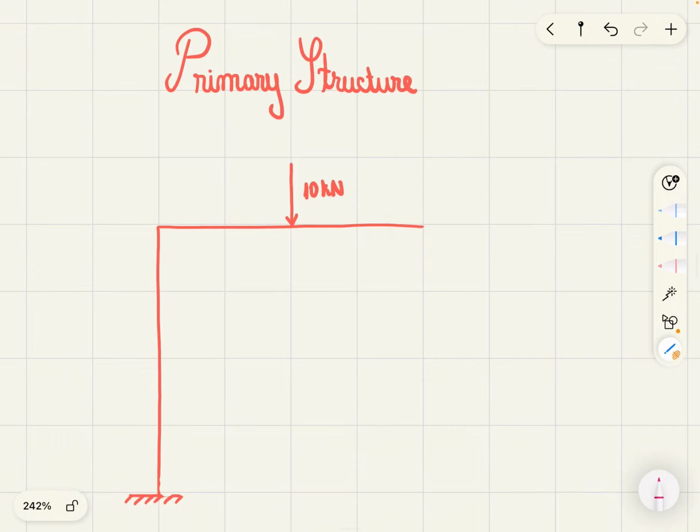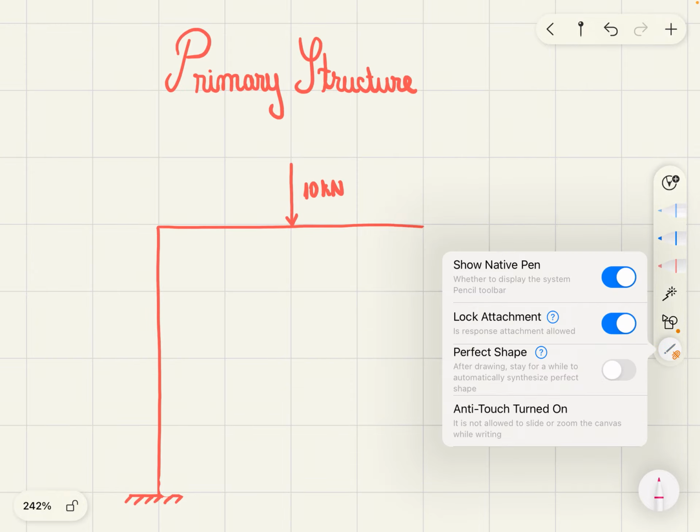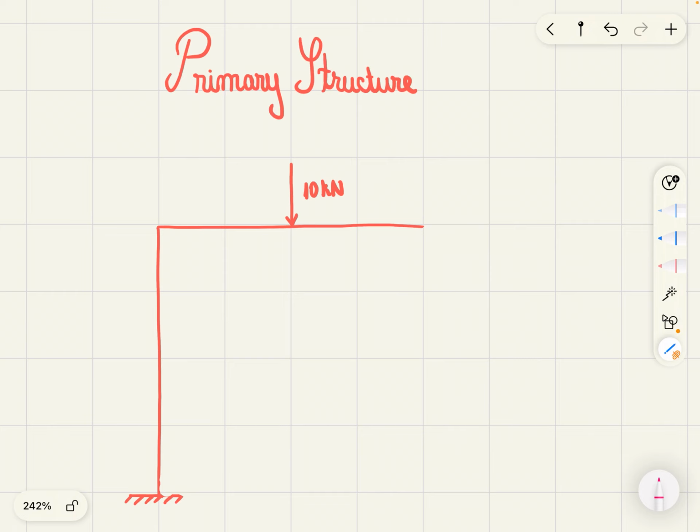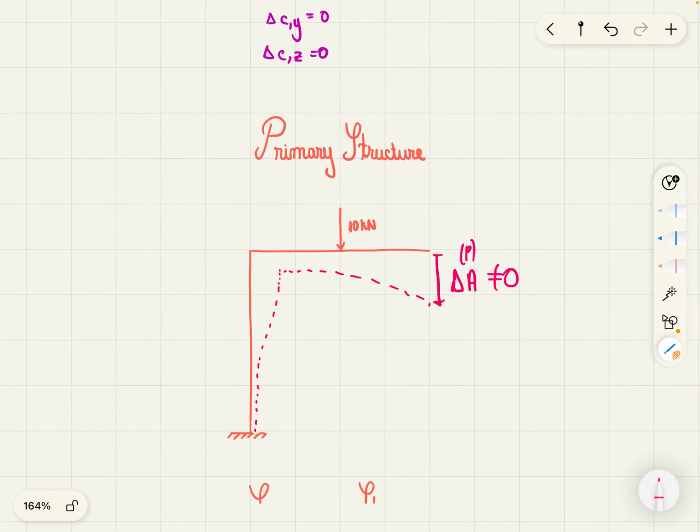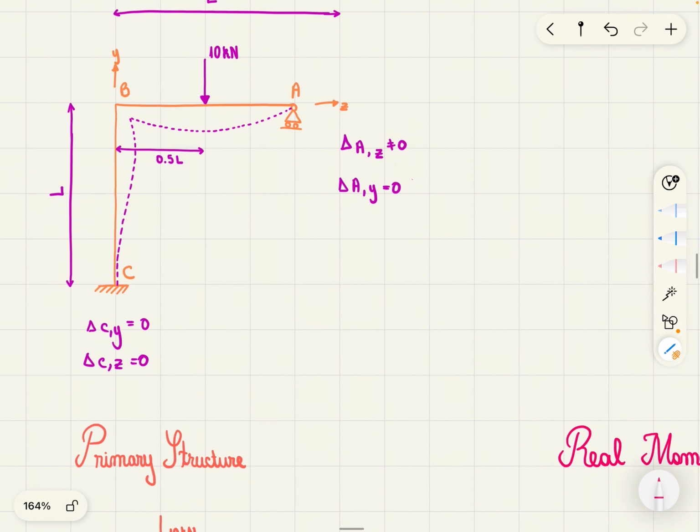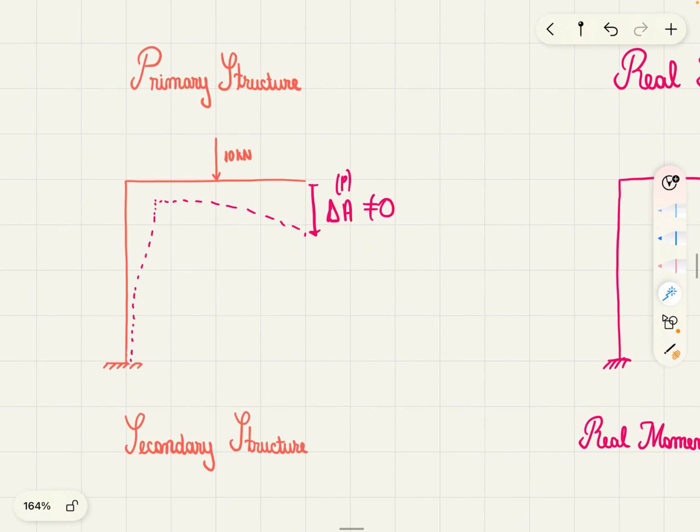So we're going to have a deflected shape that looks something like this. And here you see that the deflection at A can no longer be 0, which is what we've done by removing this. And we are left with a statically determinate structure.